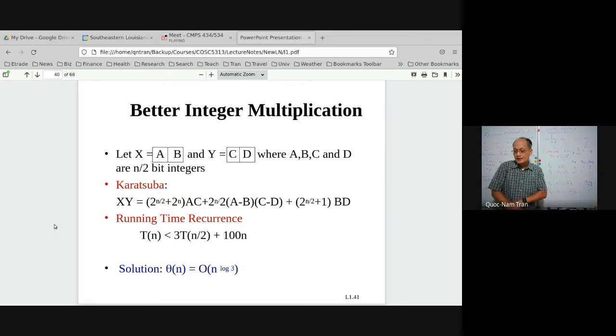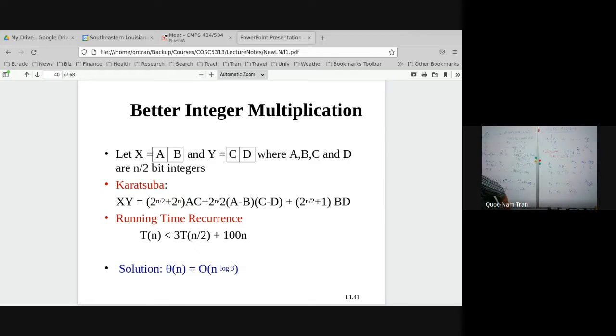So look at these two examples about how to multiply two big integers to have some ideas about why we have to design an algorithm that works best or fastest.